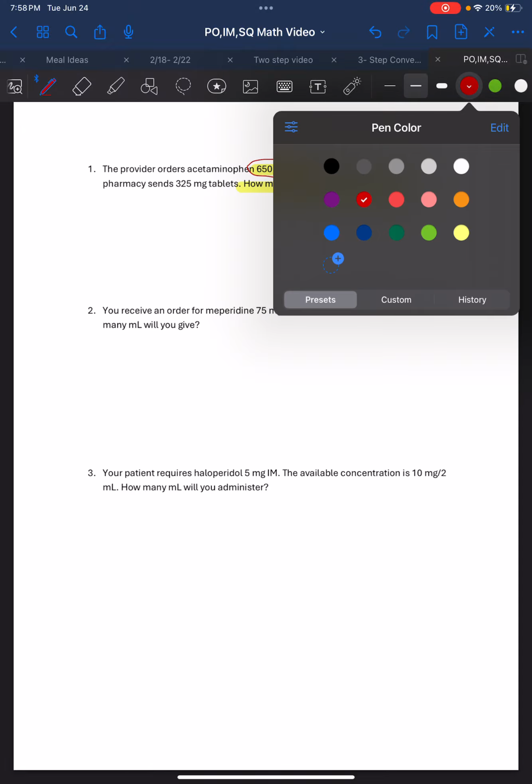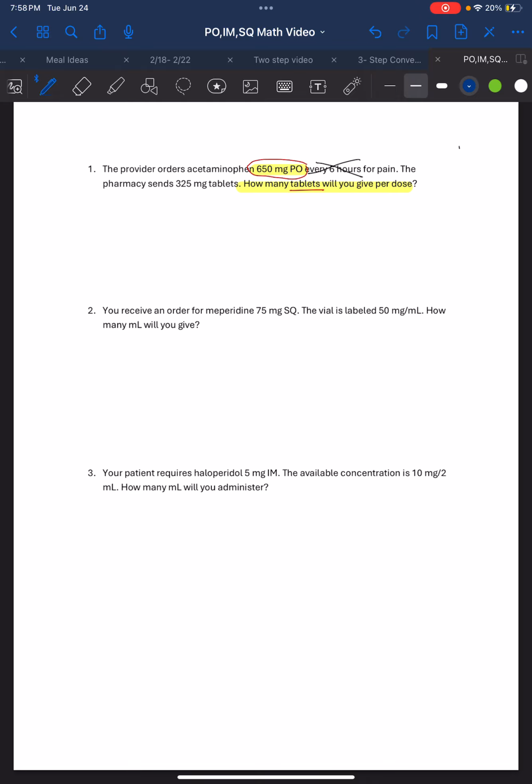The conversion factor, which I'm going to write in purple, is 325 milligrams per 1 tablet. The pharmacy is giving us 325 milligram tablets. So instead of us having to memorize the conversions, the problem is going to give them to us. Our conversion factor is right here.